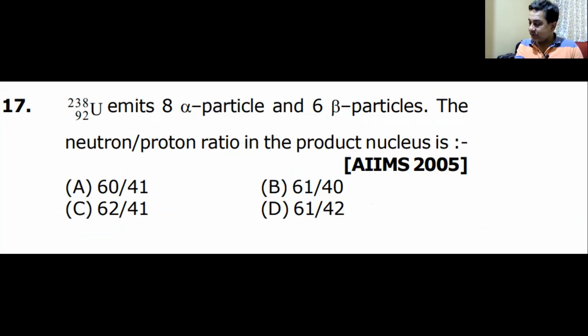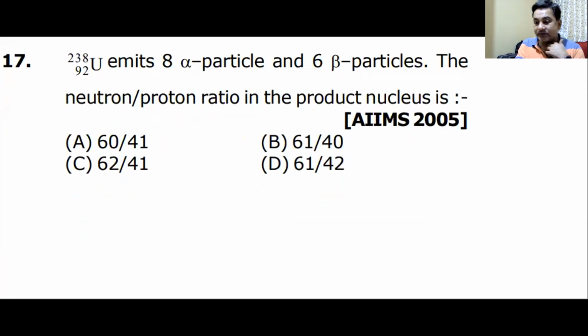I'll make space. How will you get the number of neutrons, first of all? Any idea? You have to find the neutron to proton ratio. How will you get that?